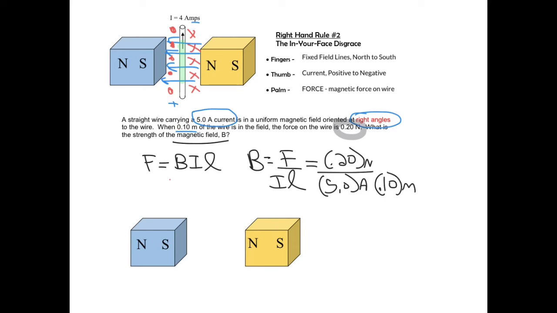This is just straight plug and chug, people. So my answer comes out to be 0.4 newtons per amp meter, and a newton per amp meter is a Tesla.